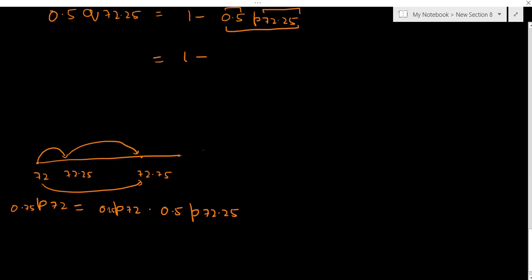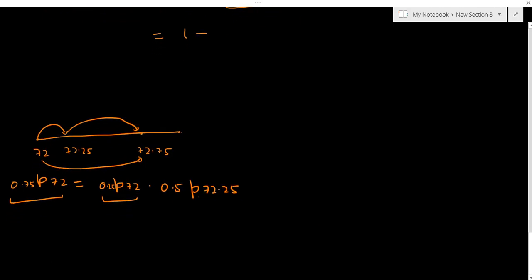We have got 0.5 P 72.25, and the problem with this is that this part is not an integer, but these two are okay. This and this, they are integers. So I can adjust this and write it in the form of these two, where we have the integer 72, and in both of them t is between 0 and 1.